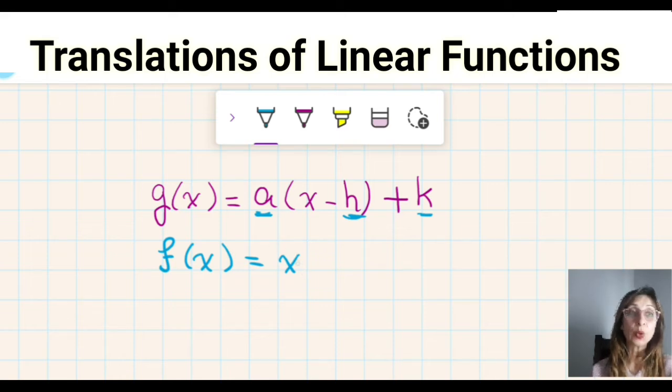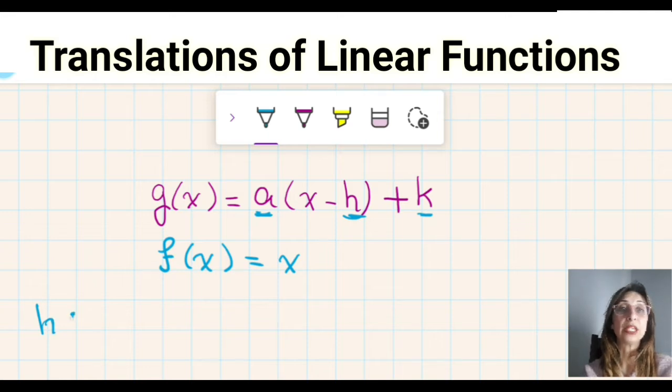Now let us learn what each parameter does, or how it affects the parent linear function. The first parameter I'm going to talk about is h. The h is the horizontal shift or the horizontal transformation.